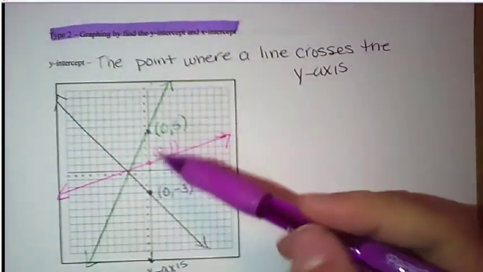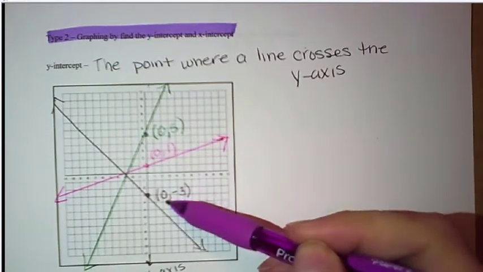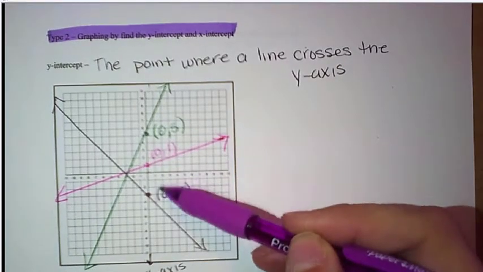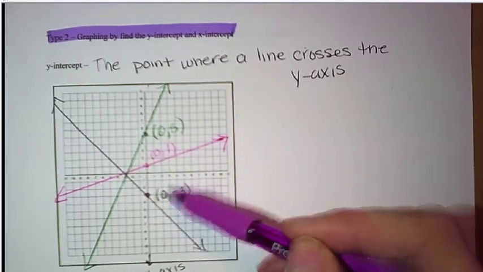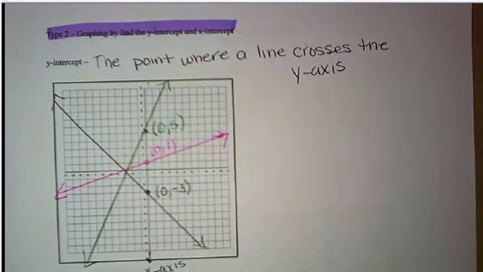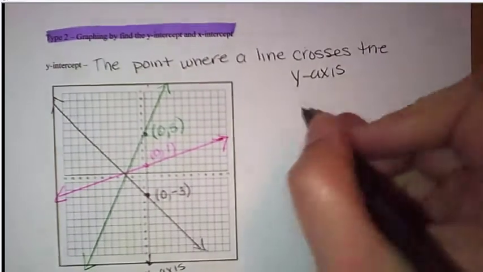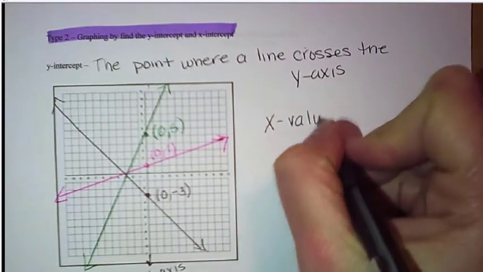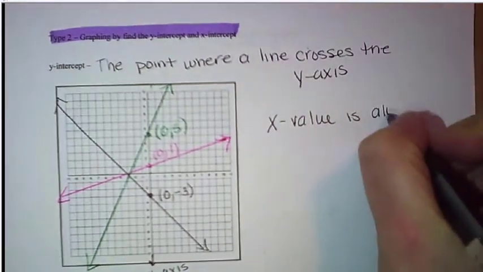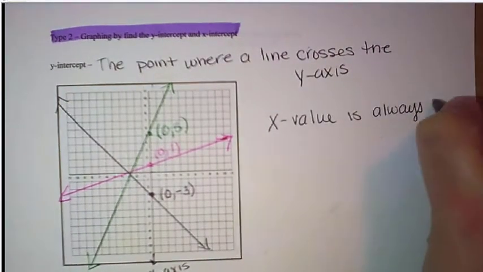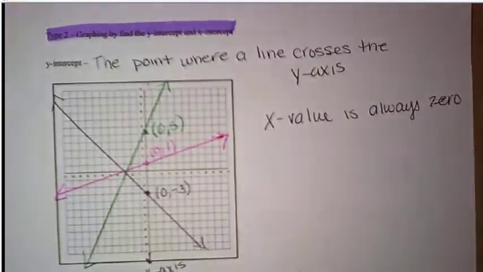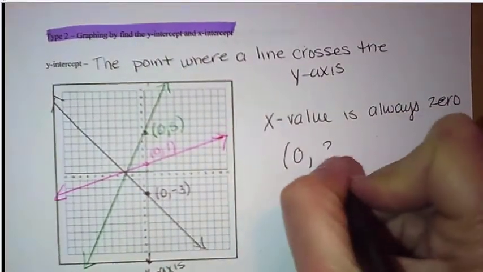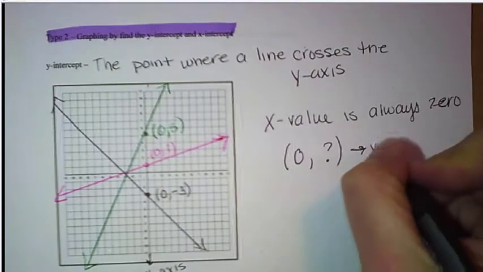And if you'll notice, for each one of these lines, when I look at the y-intercept, my x value is 0. And that's consistent. Every time we talk about the y-axis or the y-intercept, our x value is always 0. So our point is going to be 0, comma, something for our y-intercept.